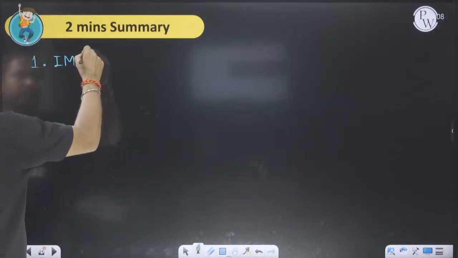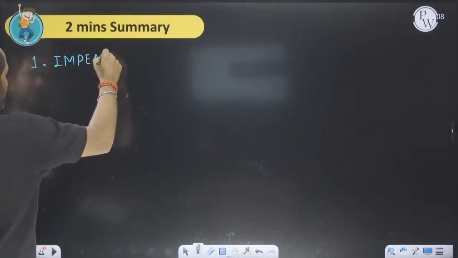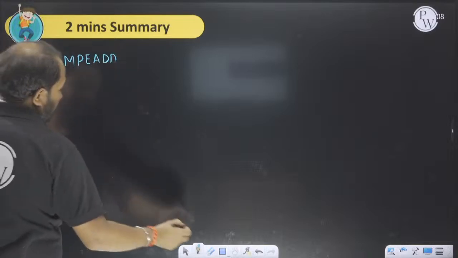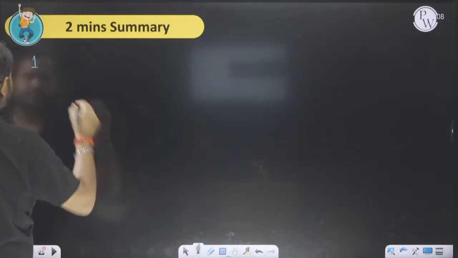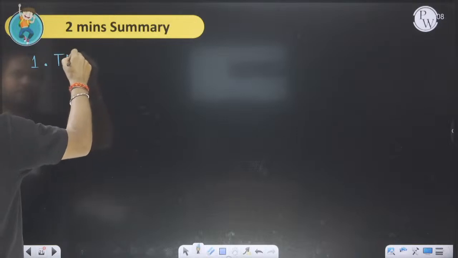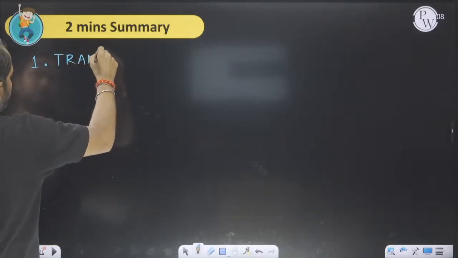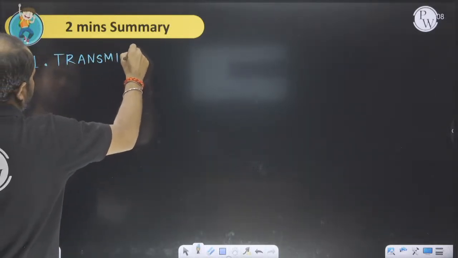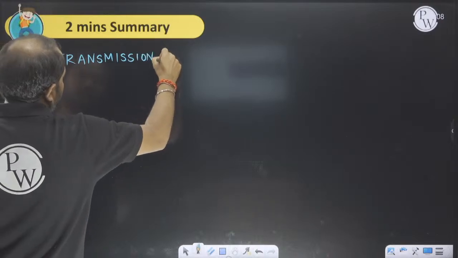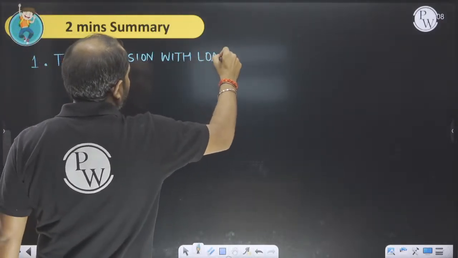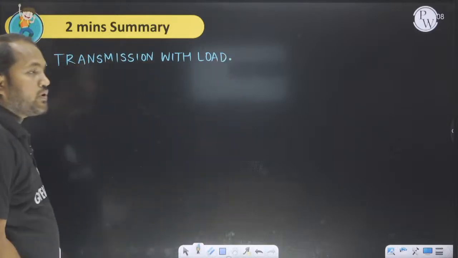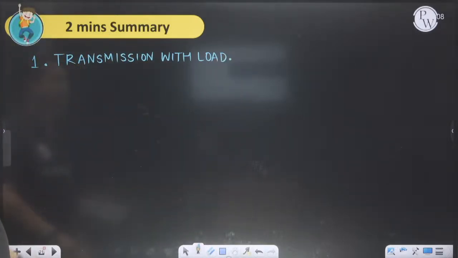So here we have covered impedance and transmission line with load. This is the basic class for transmission line with load. This class is very important for understanding all the next classes.